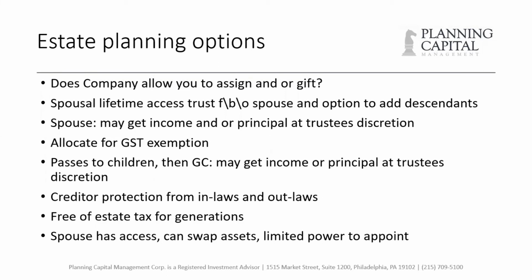You can gift your RSOs, let's say, to different family members. But with respect to trusts, generally the trust that I'm finding for married individuals to be the most flexible is the SLAT, the Spousal Lifetime Access Trust for the benefit of spouse. And if you want, you can add descendants.